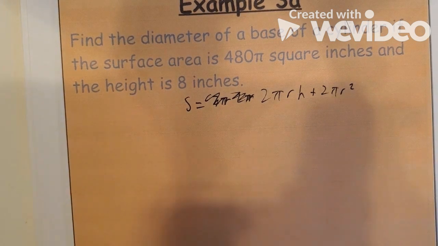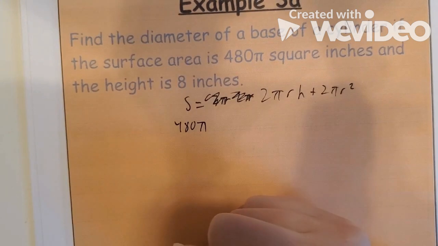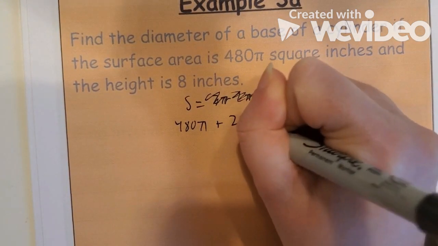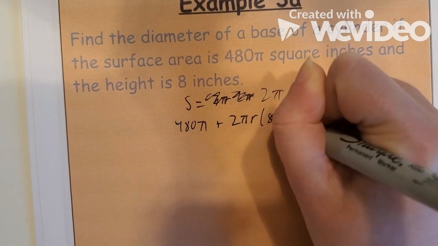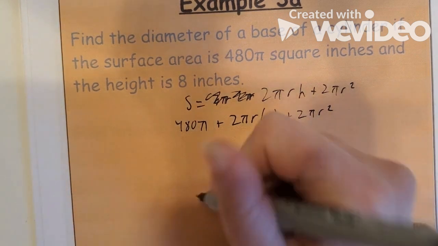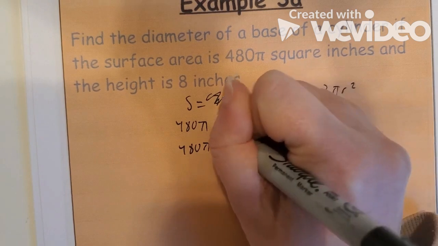All right, so what do we know? We know the surface area is 480 pi, so we're going to plug that in. We know the height is 8, so we're going to plug that in where we can. 2 pi times r times 8 plus 2 pi r squared. So 2 times 8 is 16. This should be an equal to.